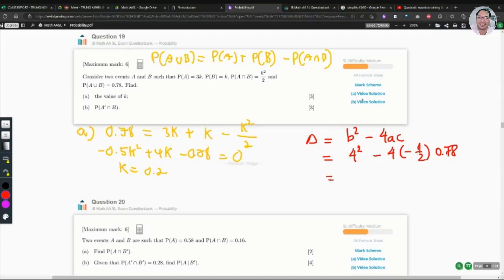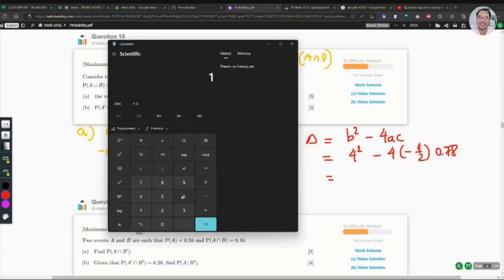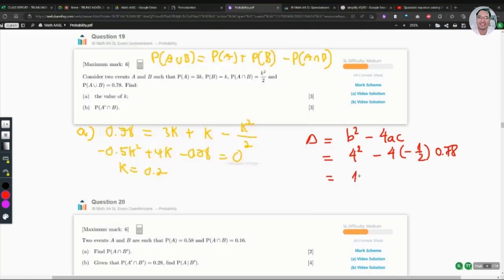Use the calculator to find the discriminant here. 4 squared is 16, minus 4 times minus 1/2, which is now a positive number, multiplied with 0.78. The discriminant is 12.39. It's not a beautiful number. The square root of this discriminant is 3.52.